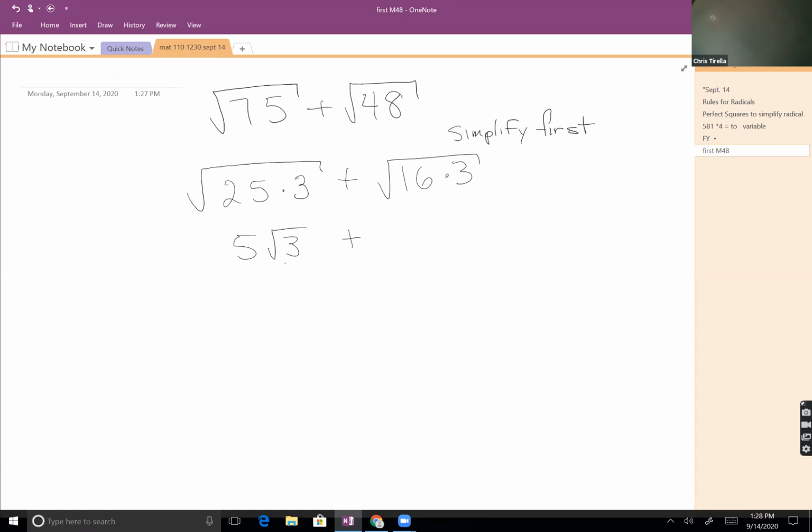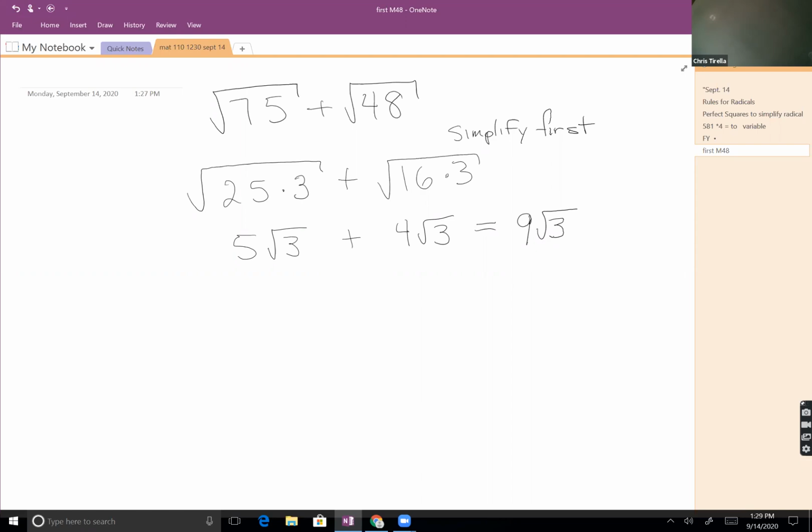Because I had a 3 left in the radical, I'm going to take 48 and divide it by 3 and keep my fingers and toes crossed. Hopefully that'll give me a perfect square and I can add them. If it doesn't, they weren't meant to be added anyway. Make sense? So then the square root of 16 is 4 times the square root of 3. And now they're like, so I can add them and I get 9 times the square root of 3.